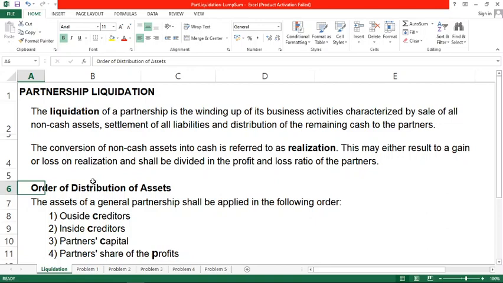So, these are theories lang about partnership liquidation. So, I have mentioned a while ago, methods of liquidation. We have lump sum and installments. So, lump sum is simply understood as before nato i-distribute ang final cash distribution sa partners, kailangan nato ibaligya ang tanan natong non-cash assets. Okay?